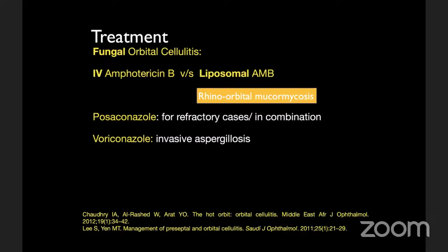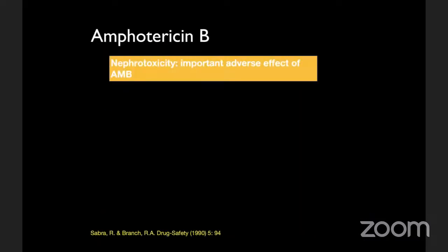In fungal orbital cellulitis, usually IV amphotericin B versus liposomal amphotericin B would be the way forward for rhino-orbital mucormycosis. Other than that, posaconazole and voriconazole would be useful for invasive aspergillosis, when diagnosed.